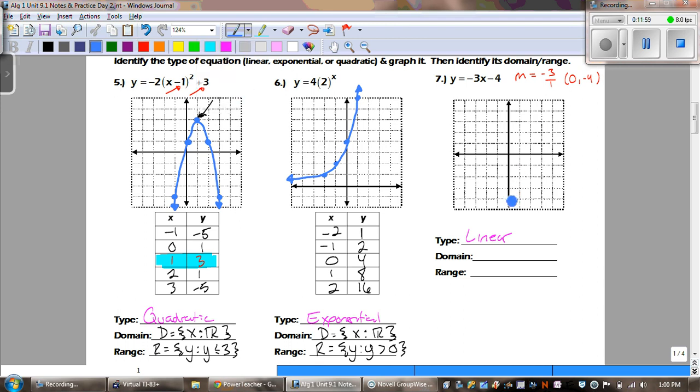We start at -4, and I go down. Oh, I can't go down and to the right. So to make this negative, I'm going to go up and then to the left. So up 3, down 1. And if we do the exact opposite, like, oh yeah, it's down 3/1, it's down 3/1. So there we go. Connect the dots.